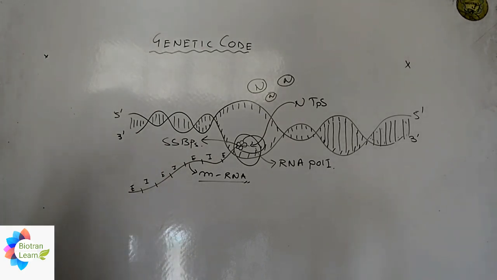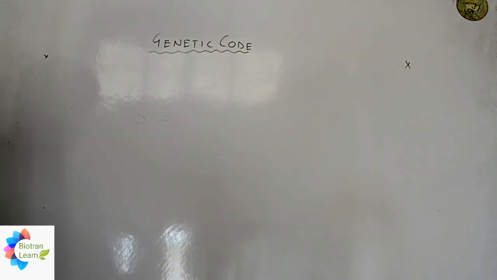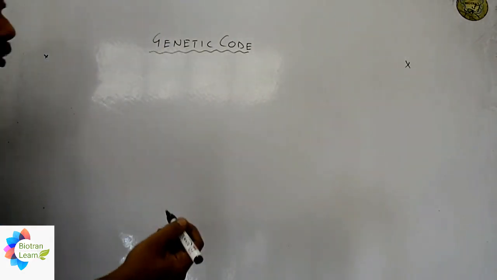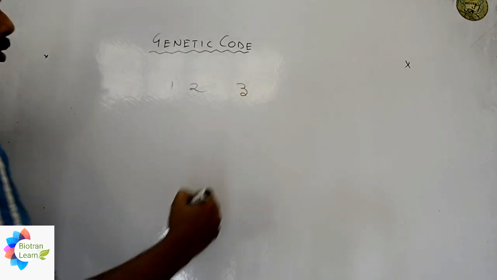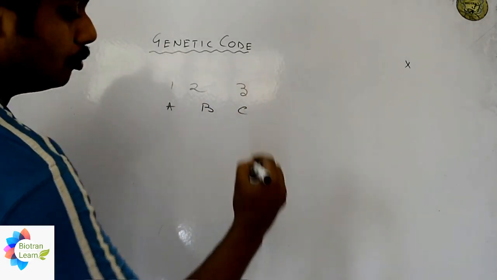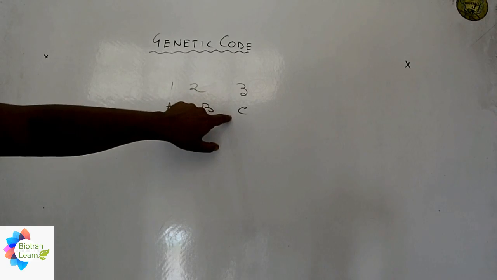Okay, so let's move on, and in our genetic code section, we'll understand what a genetic code is. Suppose in the case of numbers, we use A, B, C instead of 1, 2 and 3.